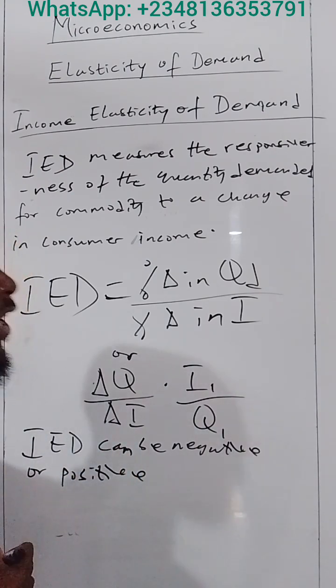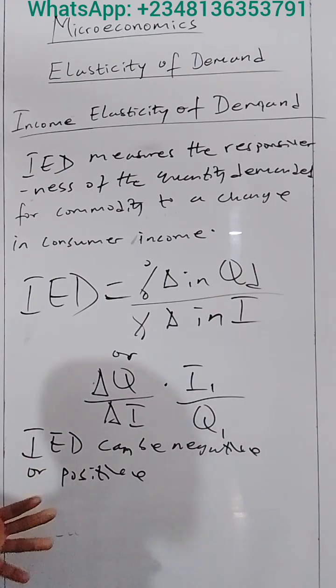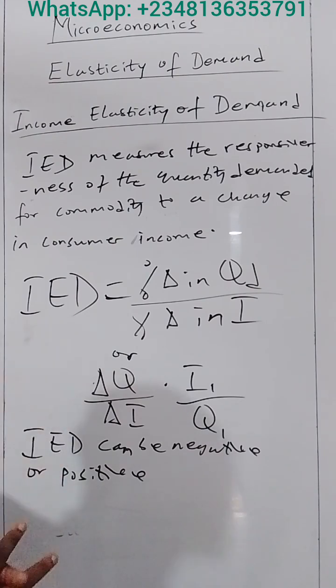The sign here matters, unlike in price elasticity of demand where we ignore the sign when we are interpreting, because the sign only reflects the obedience to the law of demand. Here in income elasticity of demand, we interpret the sign and the value itself separately.